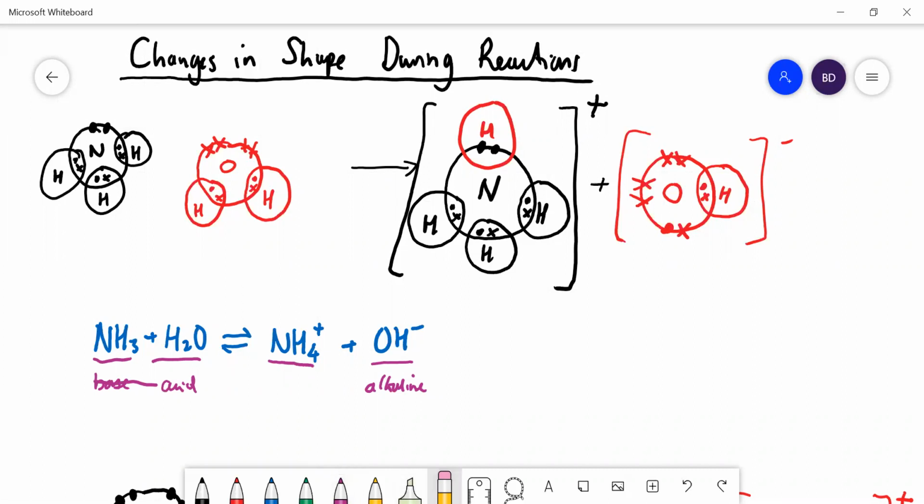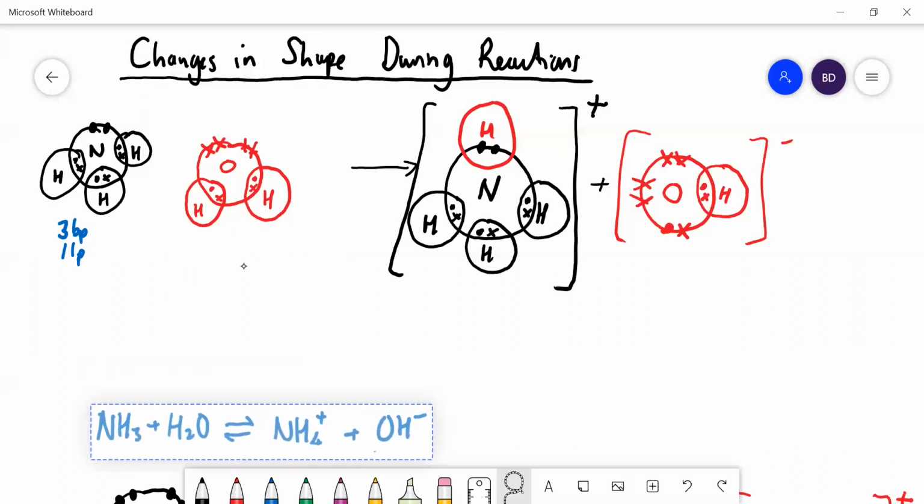But let's have a look at the shapes of what's going on here. We have ammonia here, and that is three bond pairs and one lone pair. So the basic shape is tetrahedral, but we've got a lone pair on top there.